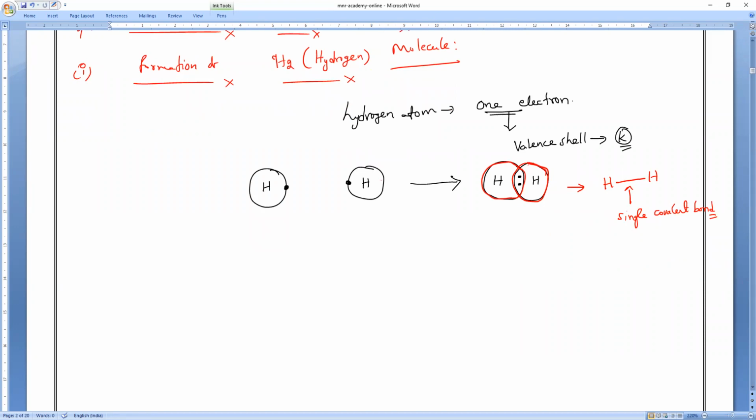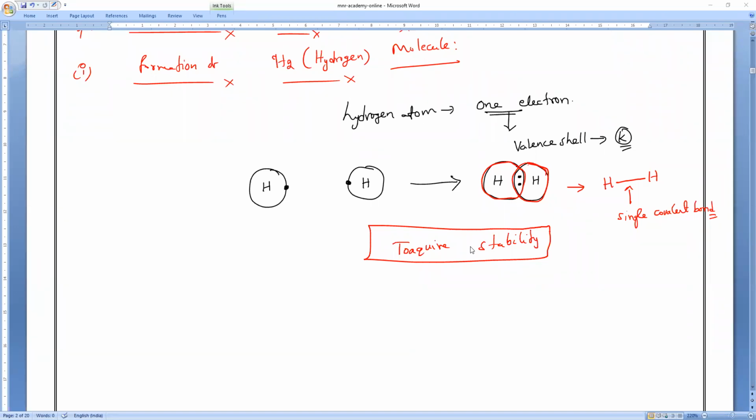So, all of you remember that. Any doubt, you can ask me. So, to acquire the nearest stability, to acquire what? Stability. Hydrogen atoms are not stable in nature. But what is stable in nature? The hydrogen gas molecule is stable in nature. I hope everybody understood.